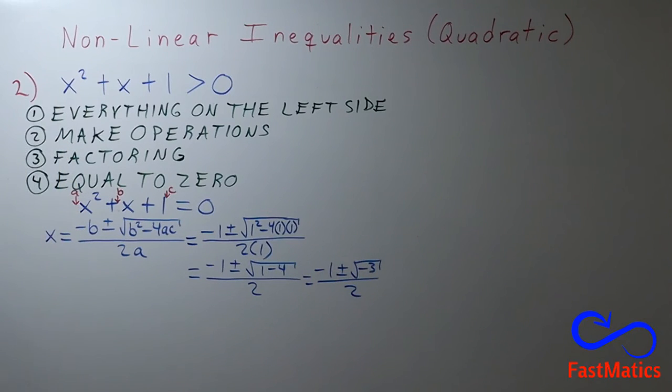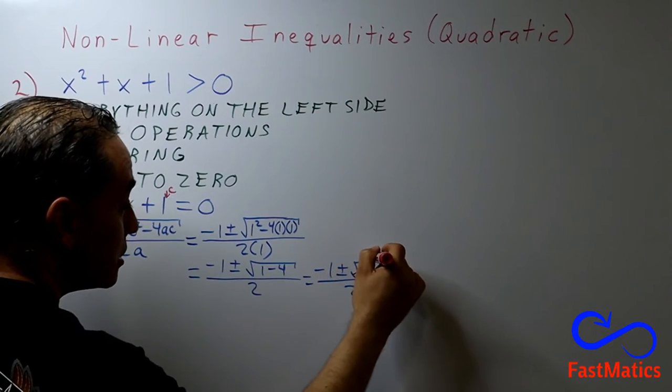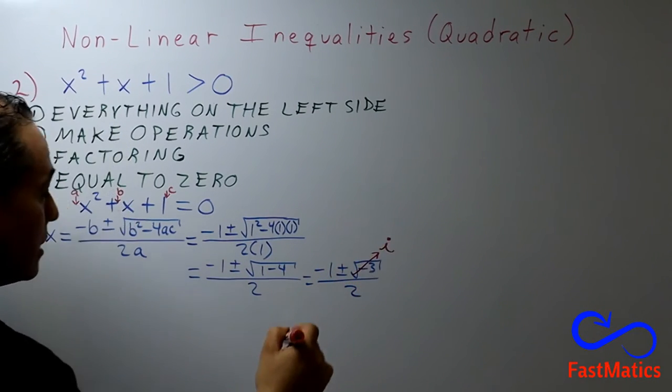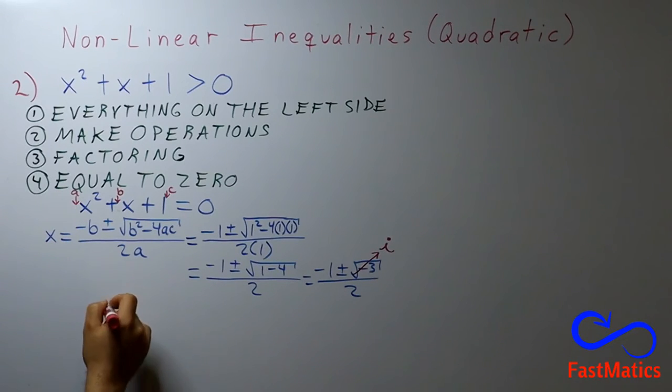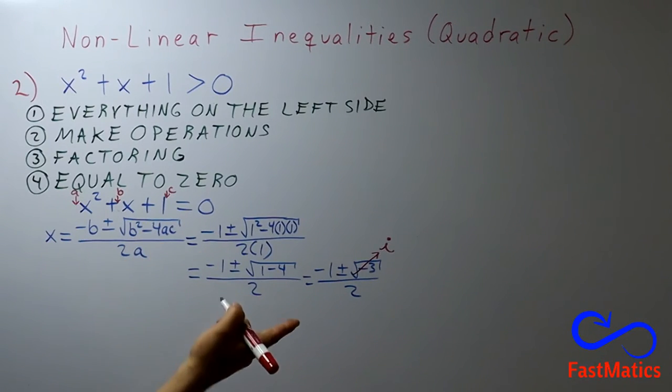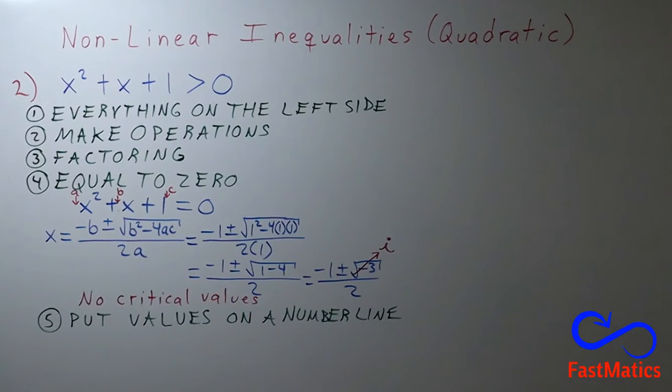And pay attention here, because the square root of a negative number is imaginary. So if you have imaginary numbers, you don't have critical values. So be careful here, because if you don't have critical values, you are going to put nothing on the number line.